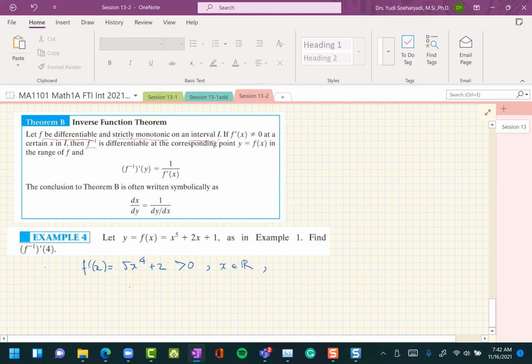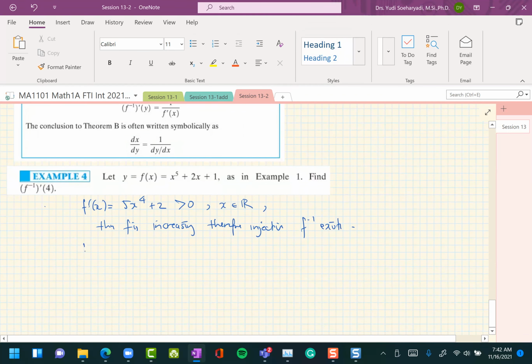Therefore f is increasing, therefore bijective, and the inverse exists. But it cannot be computed explicitly.